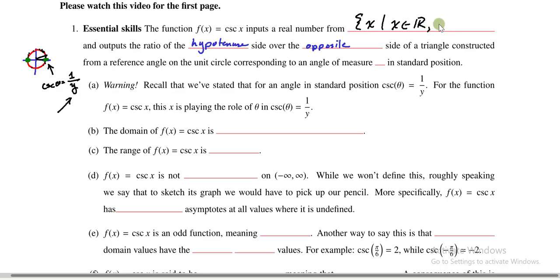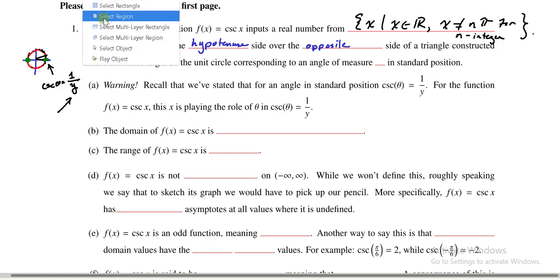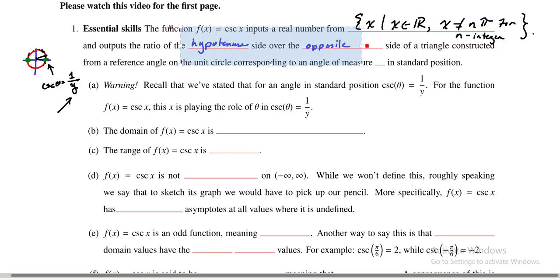So the inputs to the cosecant function cannot be multiples of pi, n pi, and that's for n an integer. And that's measuring x where x is measured as an angle in standard position.